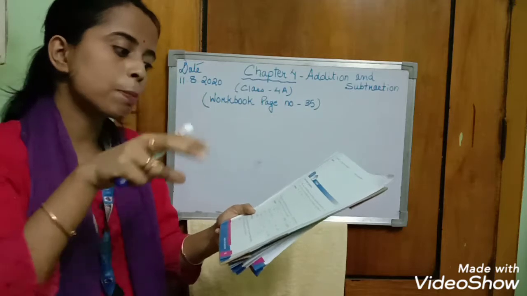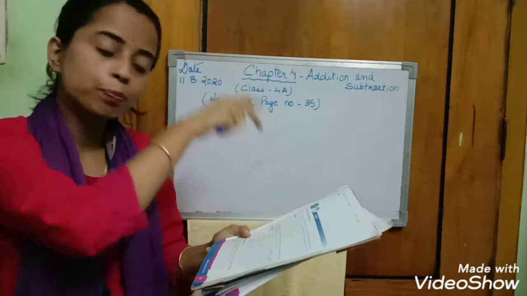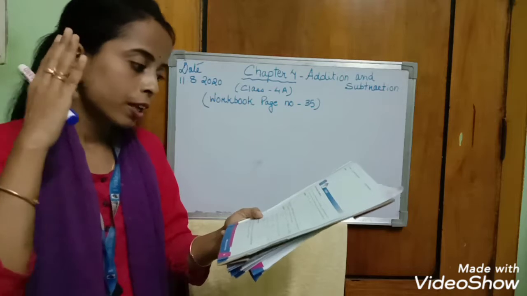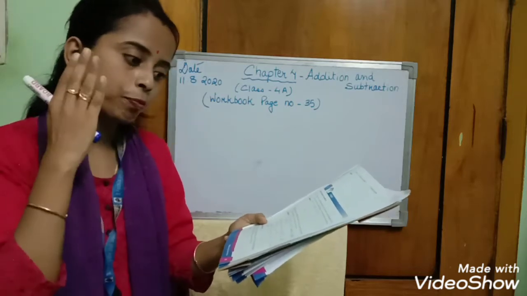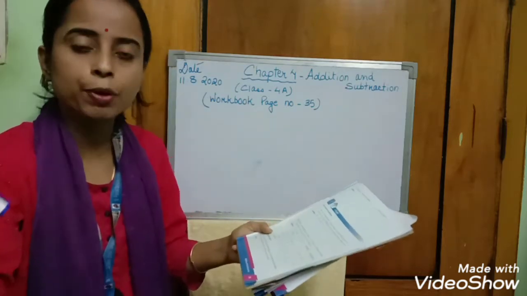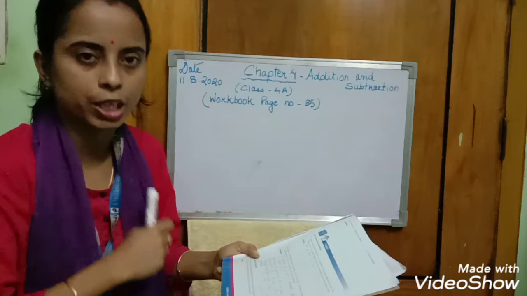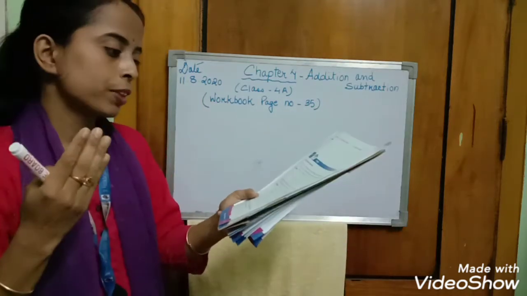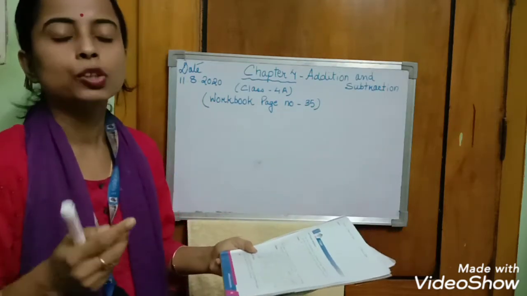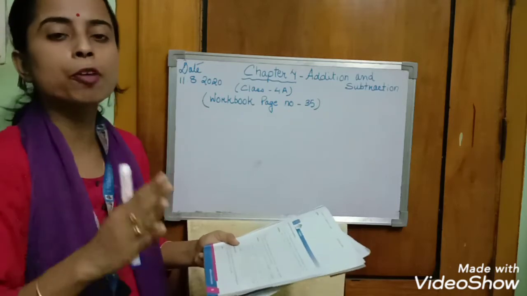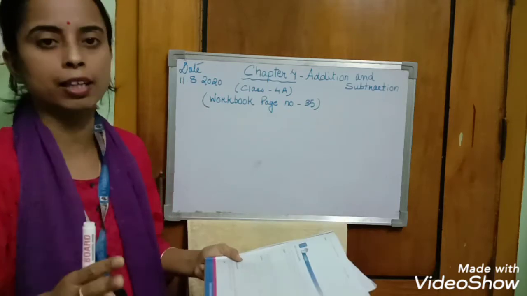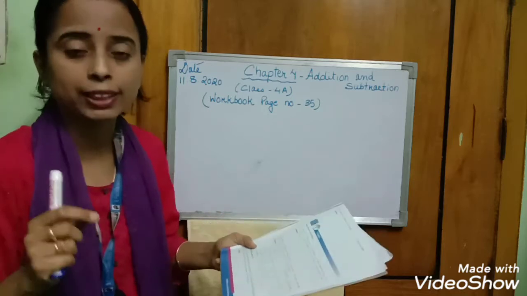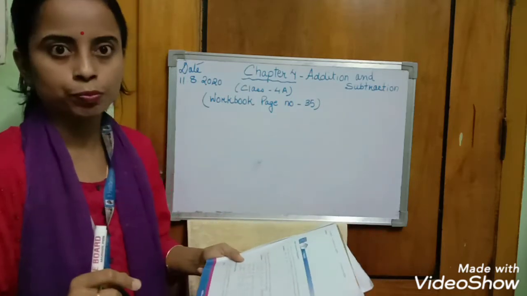So the total number of flowers he had in his garden was 33,359. Out of that, how many flowers did he give for stage decoration? 11,128. Now, how many flowers are left in Suresh's garden? So what do we have to find out? The number of flowers left in Suresh's garden. To find out the flowers left in Suresh's garden, what do we have to do?